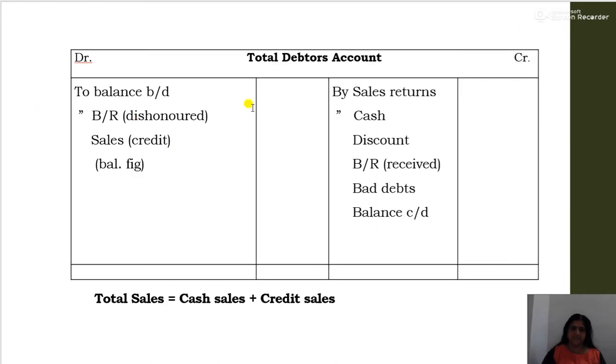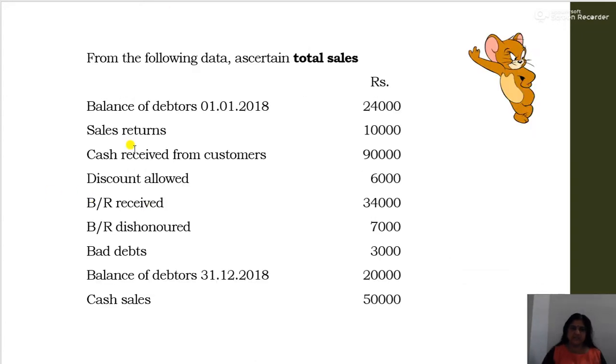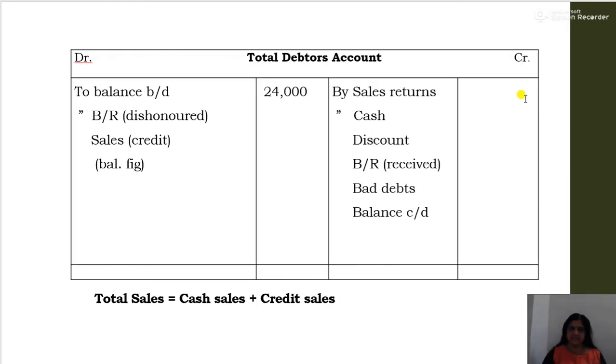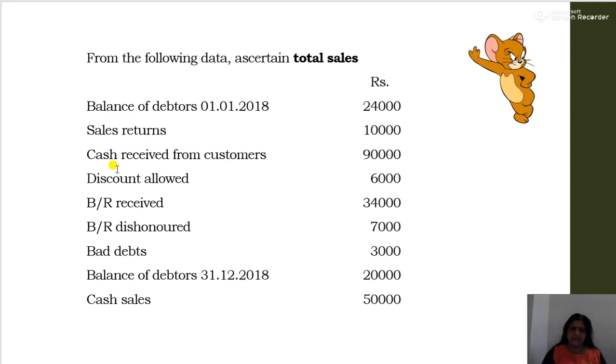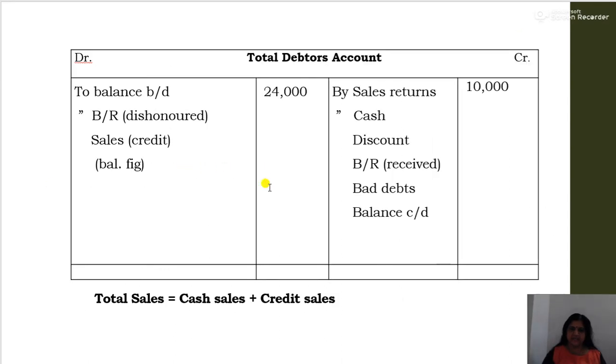So, to balance brought down, 24,000. Then next is sales returns. Sales returns is 10,000, so we will write 10,000. Next, cash received from customers is 90,000, so by cash, 90,000.